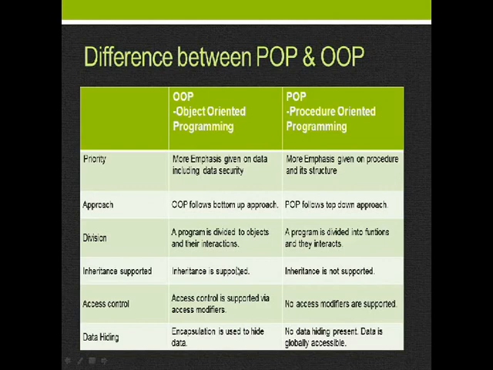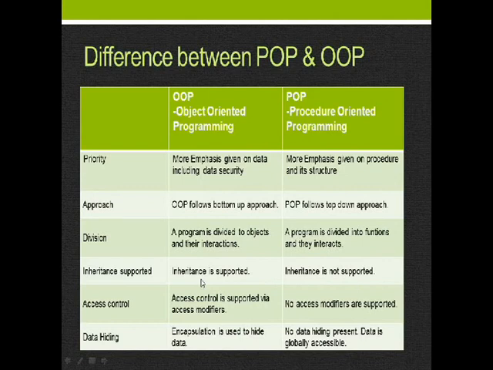In approach, object oriented programming follows the bottom up approach, whereas procedure oriented programming follows the top down approach. Now division: in object oriented programming a program is divided into objects and their interactions, and in procedure oriented programming a program is divided into functions and they interact.